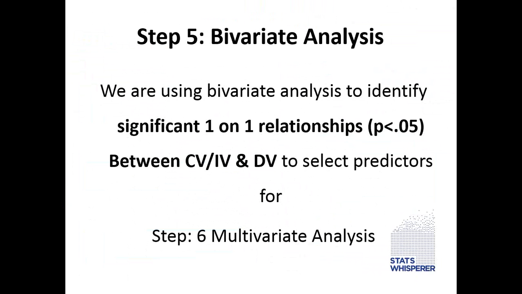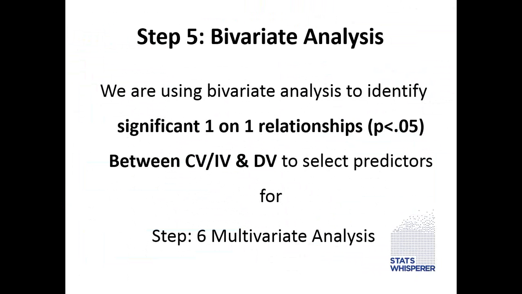So if there's a significant relationship between the dependent variable and one of the predictors, we're going to enter that predictor in multivariate analysis, which is next week. But this is used to determine which variables will go forward as predictors into multivariate analysis. And this will become a lot clearer.